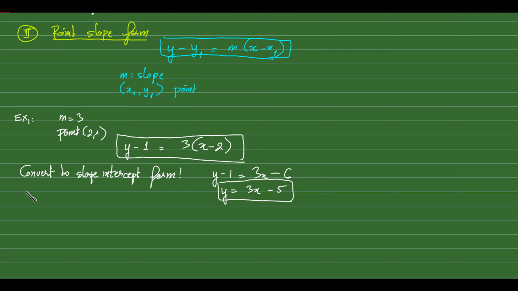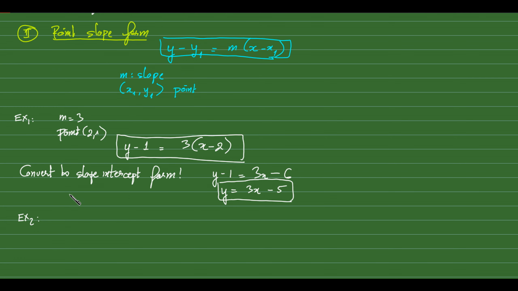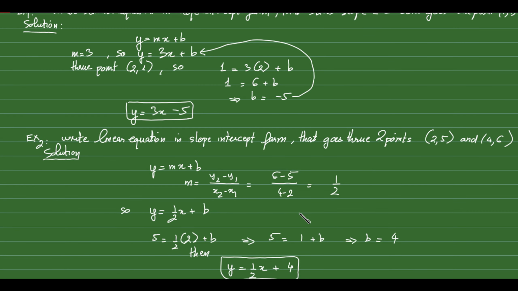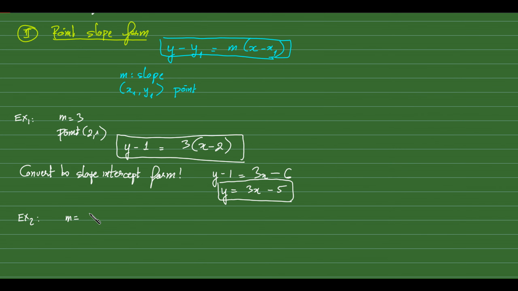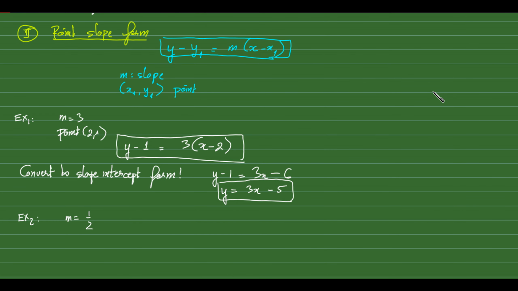Now on the second example, I'm going to use this information here. The first step is still to find the slope. The slope they give you is m equals 1/2.